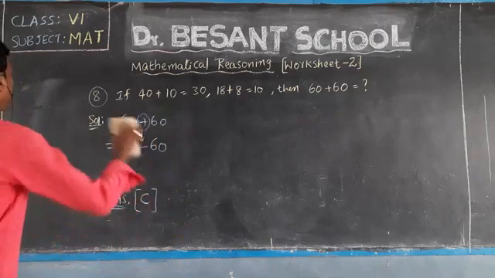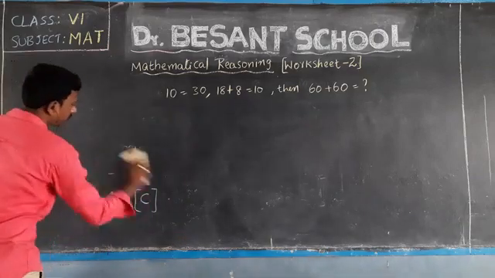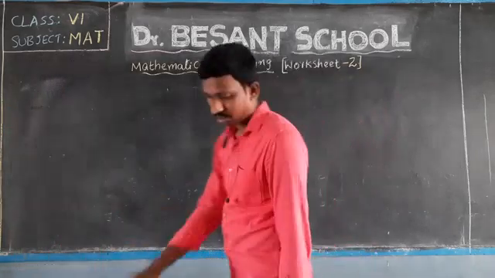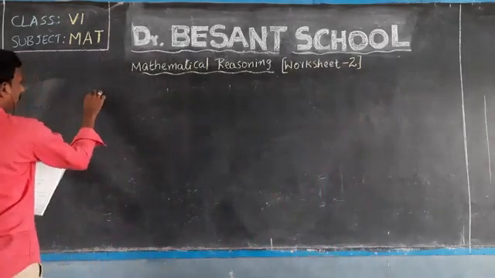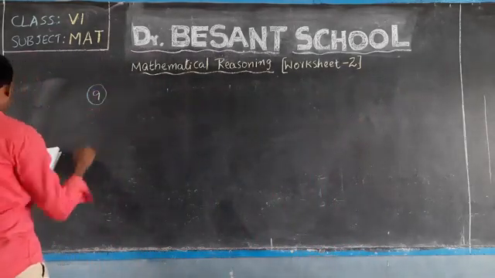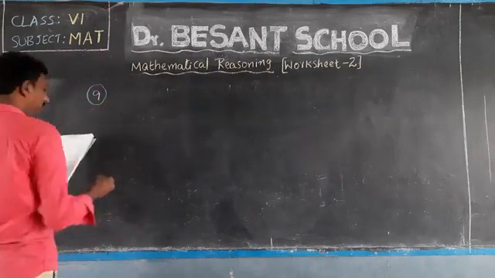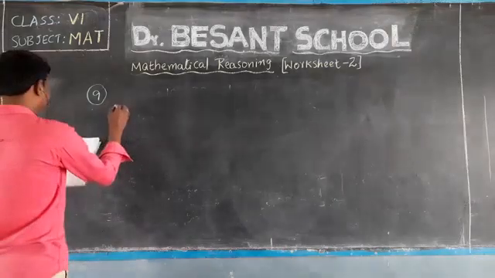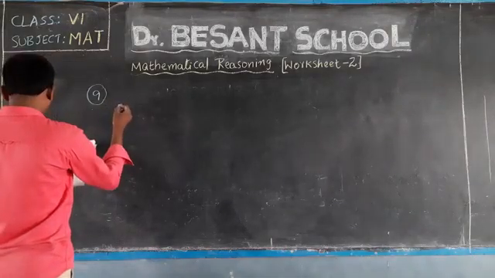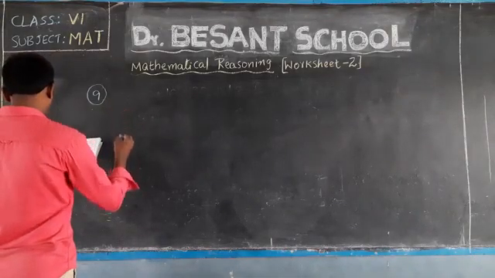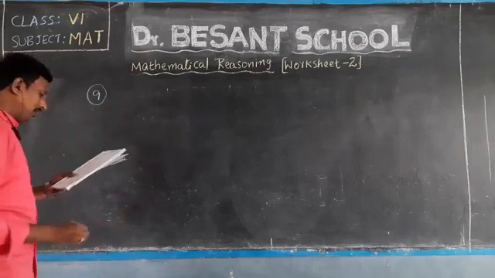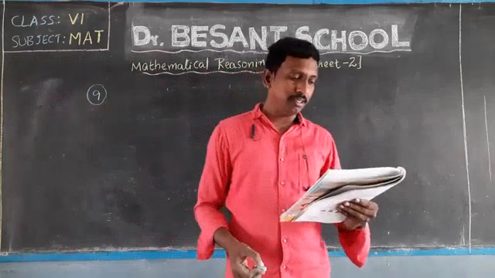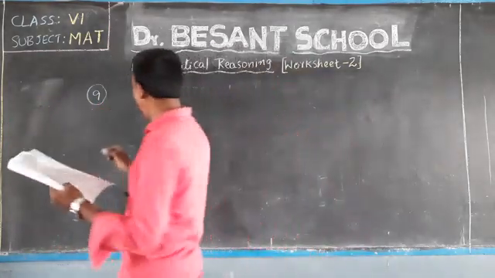Okay, so I will move to question number 9. Let's move to question number 9. What is given here? Again, he has been changing the symbols. Question number 9 is asking: if plus means minus and minus means into and into means divided by and divided by means plus, what is the value of 2 divided by 6 into 6 divided by 2?